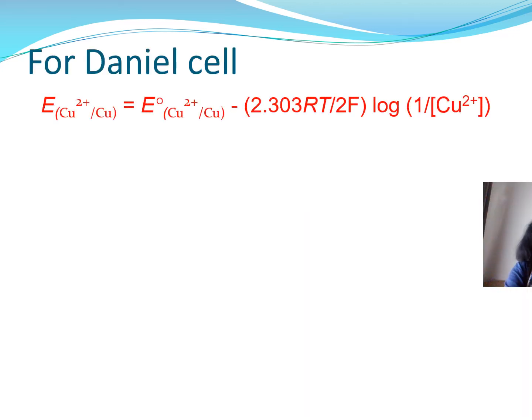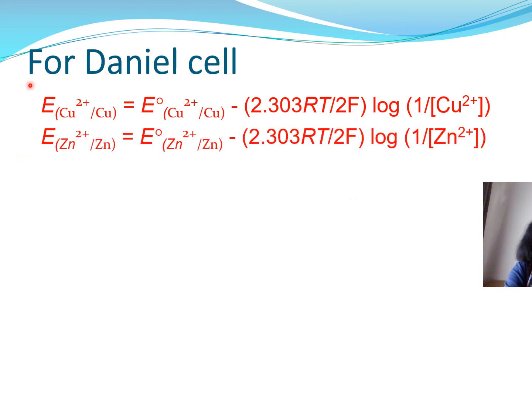Now for the Daniell cell, E copper ions copper is equal to E naught copper ions copper minus 2.303 RT by nF log 1 upon copper ions. The electrons transferred are 2, so instead of n we can write 2, giving 2F. Then for the zinc electrode, E zinc ion zinc is E naught zinc ion zinc minus 2.303 RT by 2F log 1 upon zinc ions.